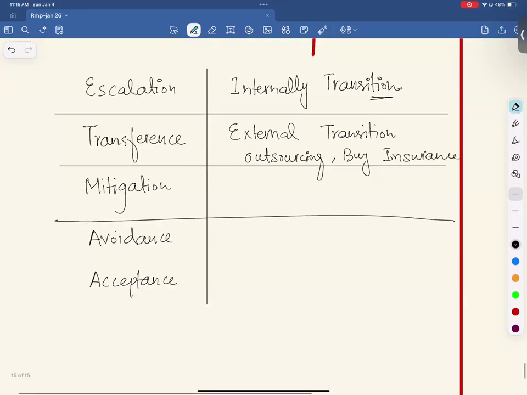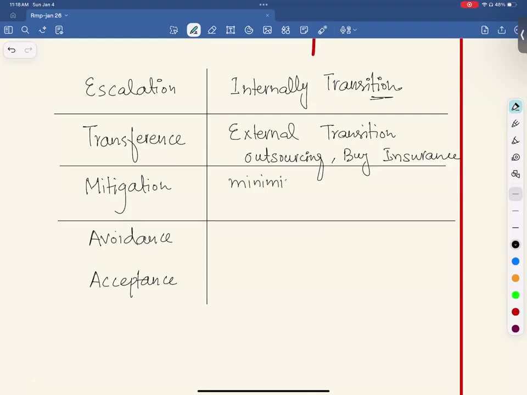Then we have mitigation. Mitigation means minimize probability and impact of a risk. Anyone please give me example of mitigation?